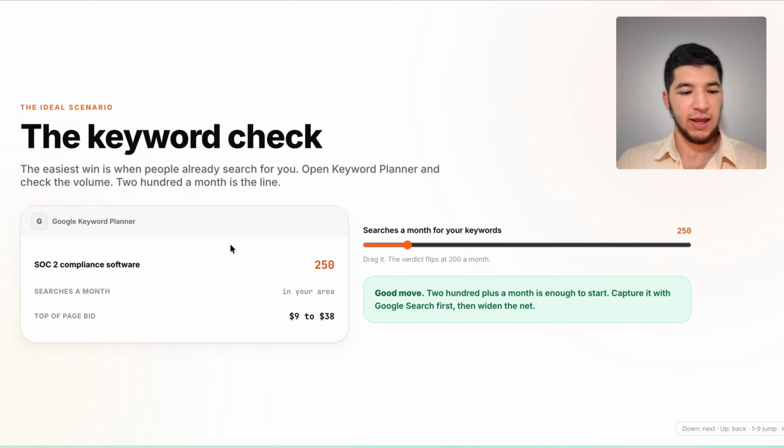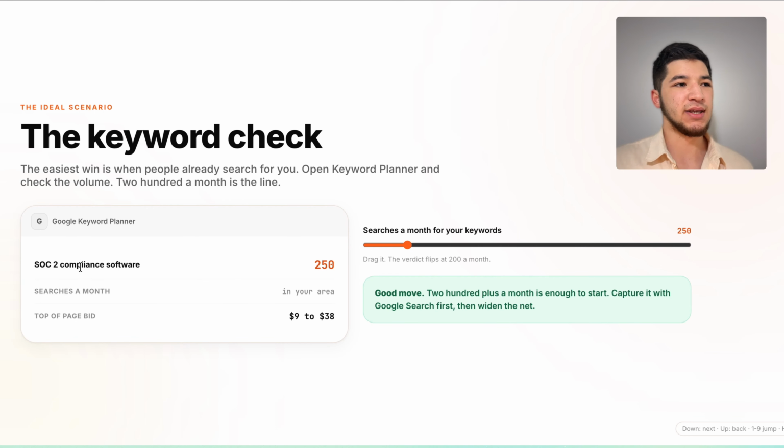For example, if you have SOC2 compliance software as your keyword, and you see that it's profitable, it's making you money, and you cannot simply spend more on it because there's only so many searches a month that are happening, you can remove the part where it says compliance software and just say SOC2.